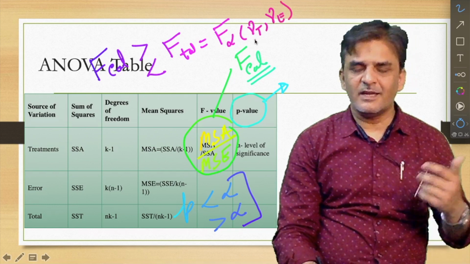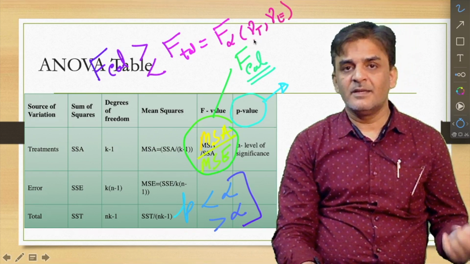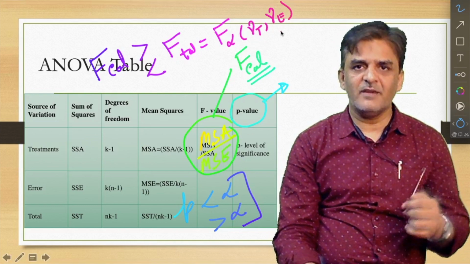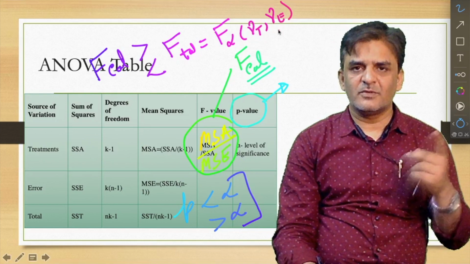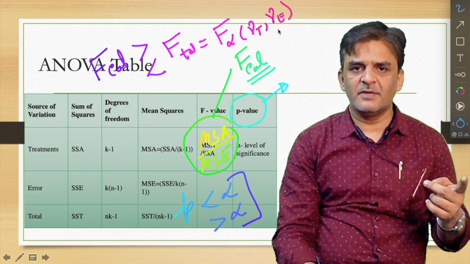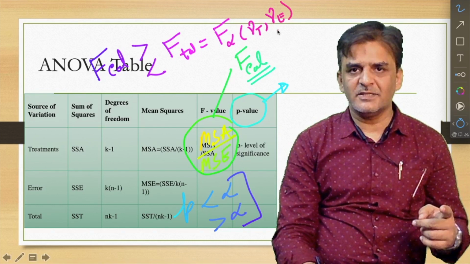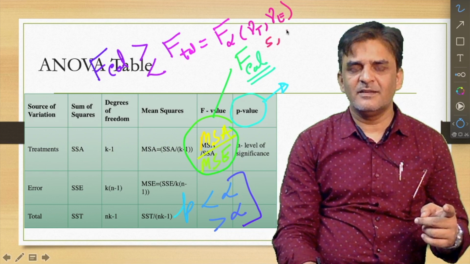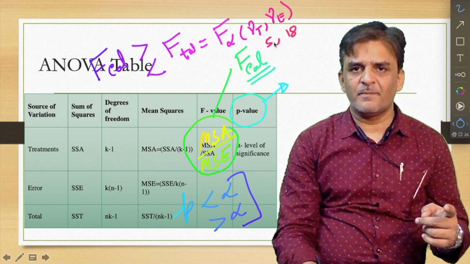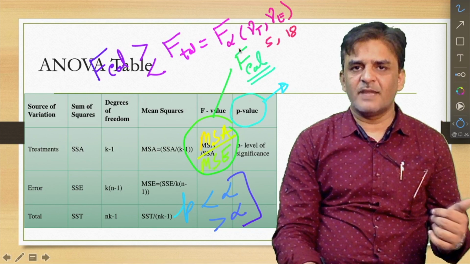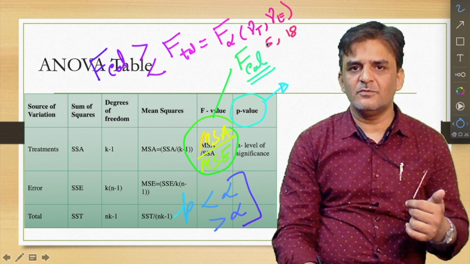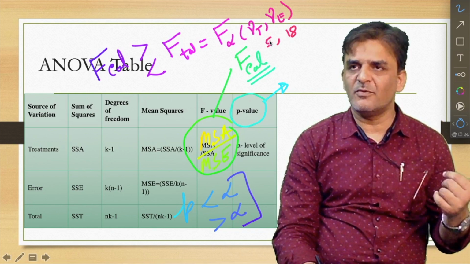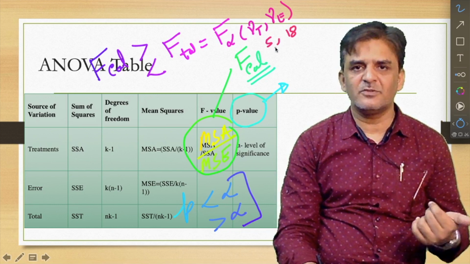Nu of treatment in our case will be 6 minus 1, so it will be 5. Error will be, because there are 4 replications, 6 into 3, which is 18, and the total will be 6 into 4 minus 1, 24 minus 1, 23.